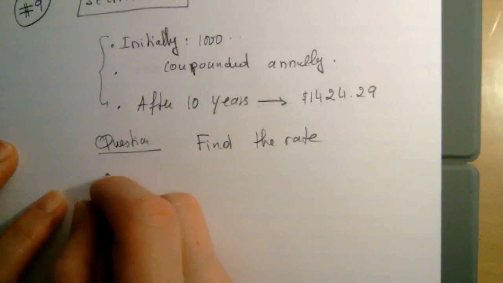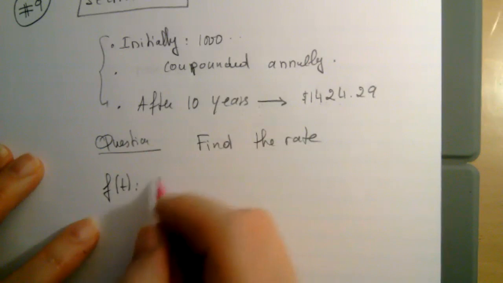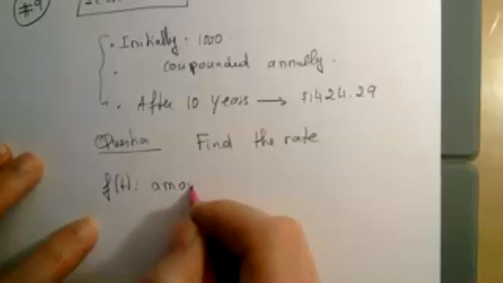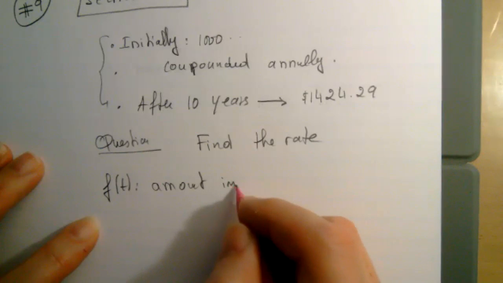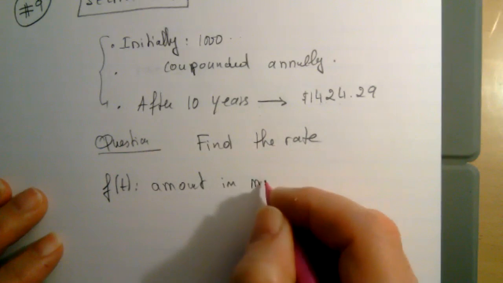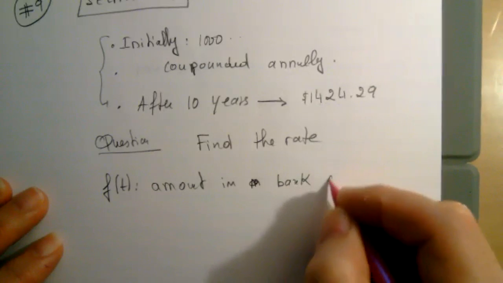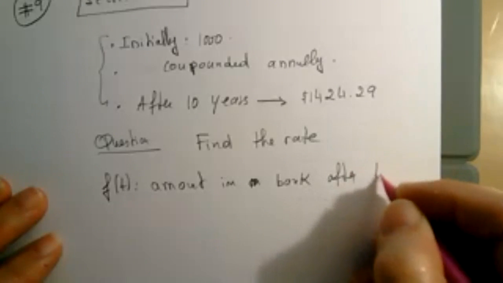So we're going to call f of t the amount in the bank, that's my function. So let f of t be the function. So every time t in years, assigns the amount of money in the bank after t years.